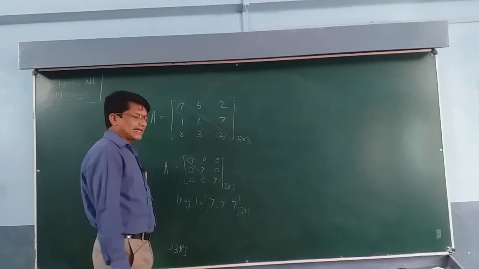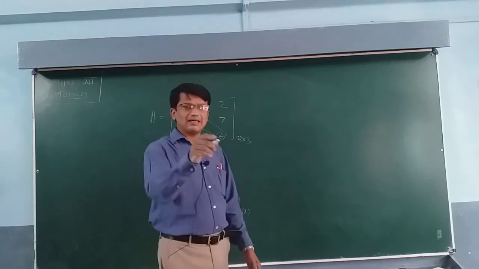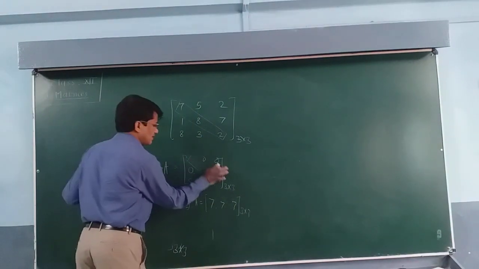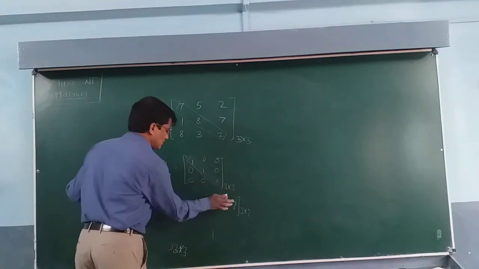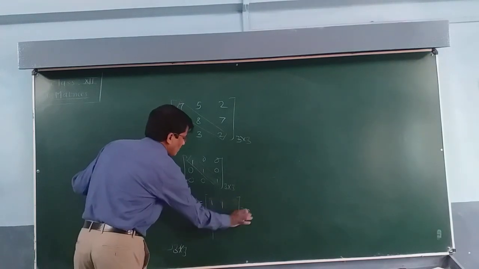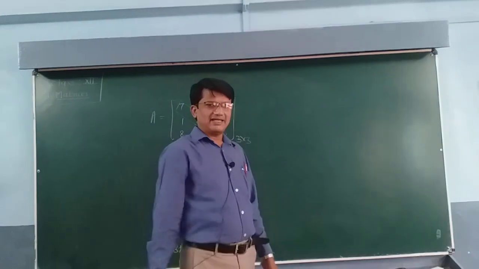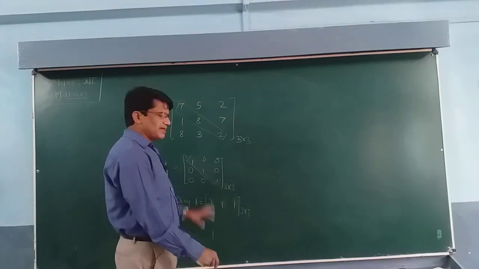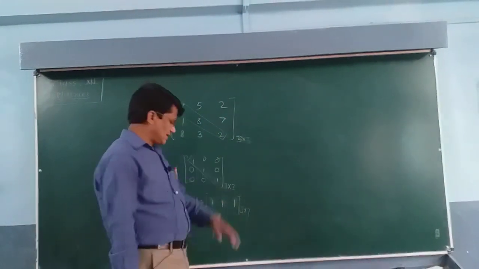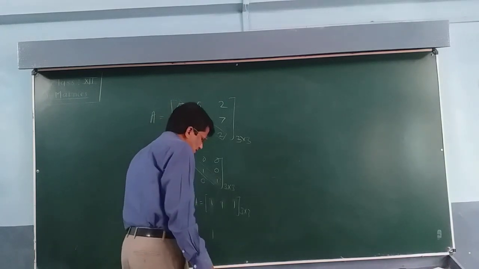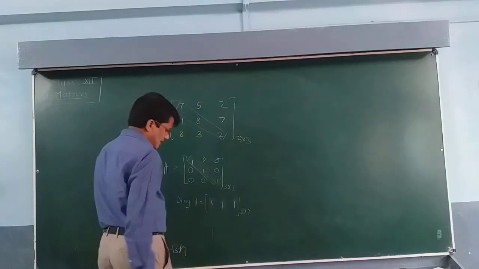If the diagonal elements are 1, 1, 1, with zeros elsewhere, this is an identity matrix. So all the types depend on each other.